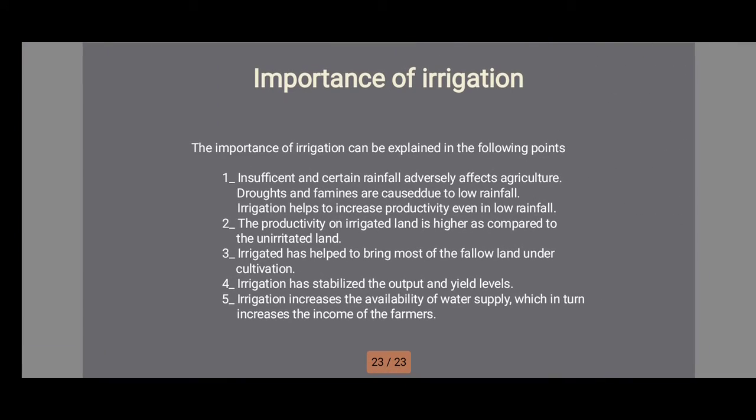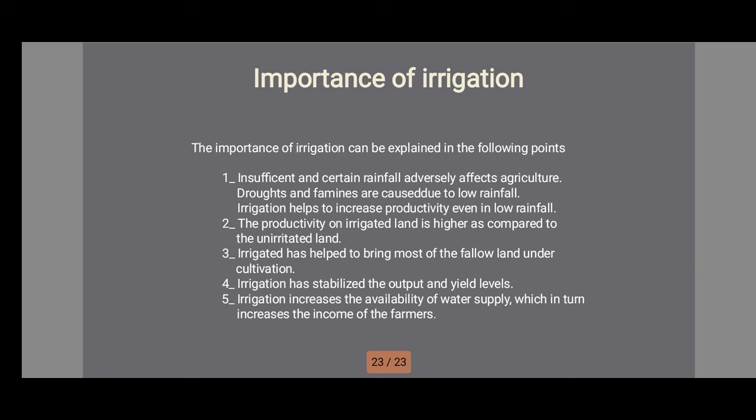Importance of irrigation. What is the importance of irrigation? The importance of irrigation can be explained in the following points. Insufficient and uncertain rainfall adversely affect agriculture. Drought and famine are due to low rainfall. Irrigation helps to increase productivity even in low rainfall.